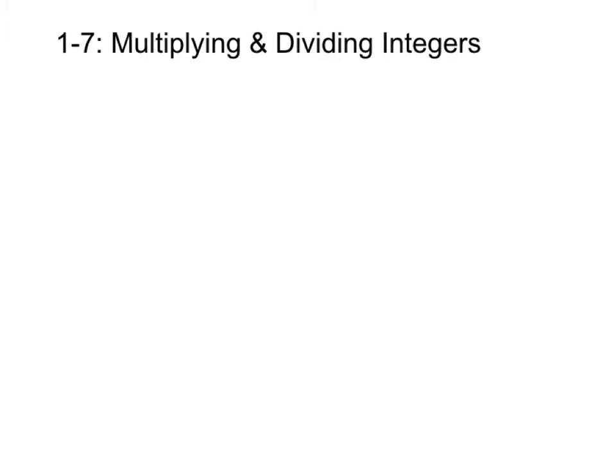Today we're going to take a look at multiplying and dividing integers. The good thing about multiplying and dividing integers is in some ways it's a lot easier than adding and subtracting integers.